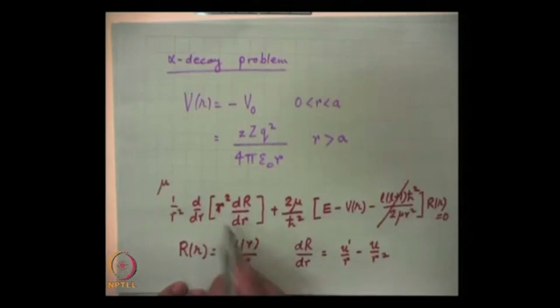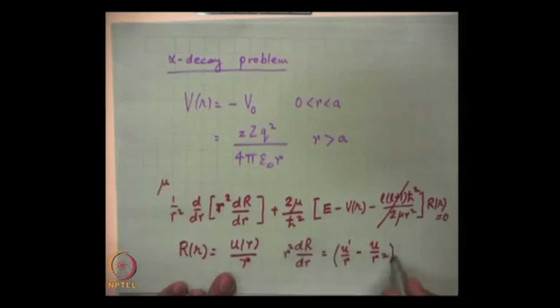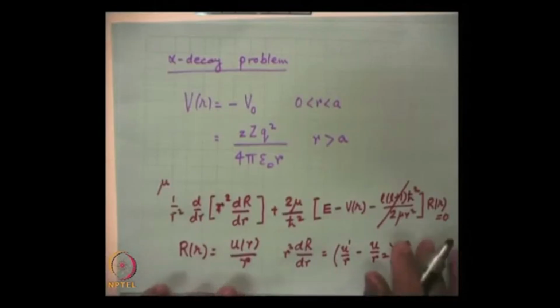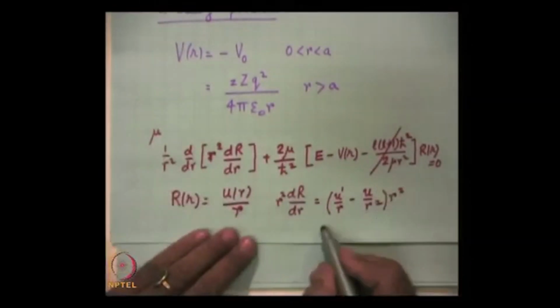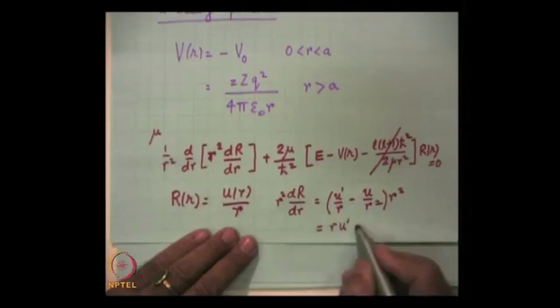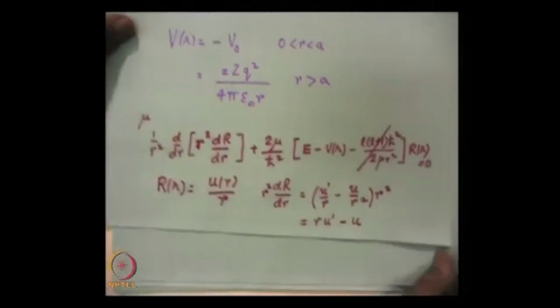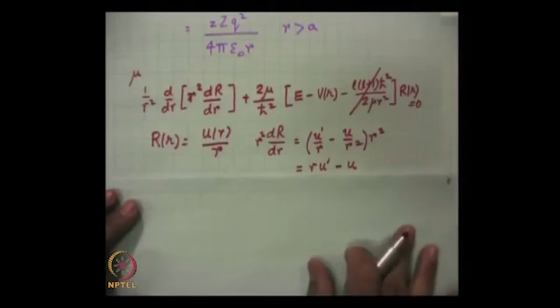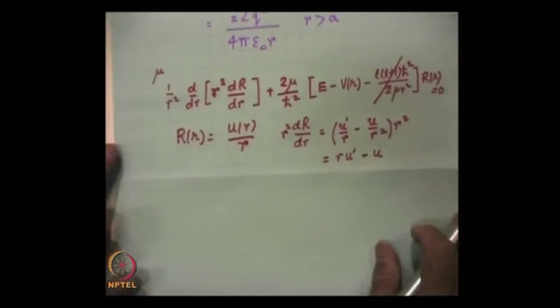I then multiply this by r square, so this becomes r u prime minus u. This is straightforward; I think I have done this once before.